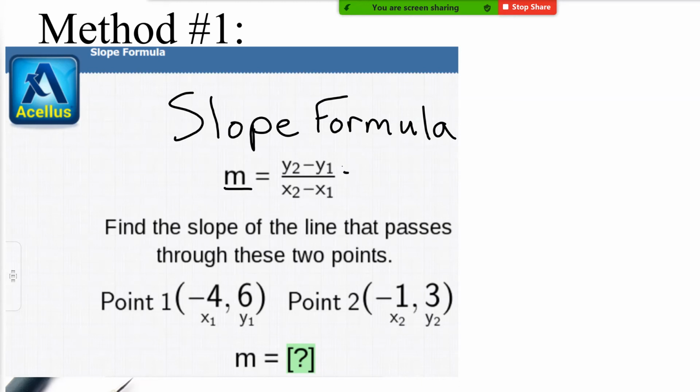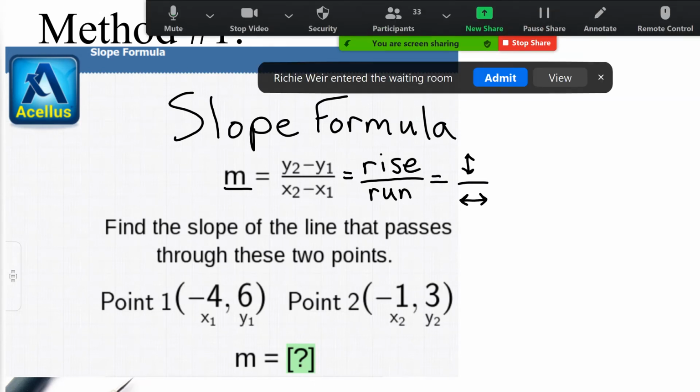Now, I also want you to write down that slope is rise over run. It is also the up and down over the side to side.